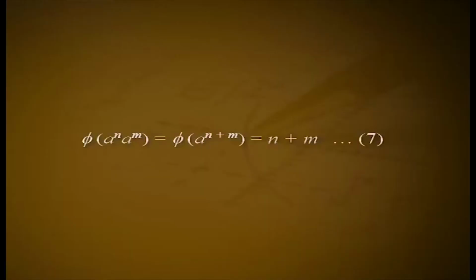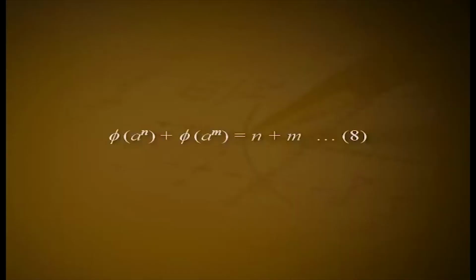Step 4. Now, phi of a raised to n times a raised to m is equal to phi of a raised to n plus m, which is equal to n plus m. Equation number 7. Note that the binary operation in 7 was in the group G. Also, phi of a raised to n plus phi of a raised to m is equal to n plus m. Equation number 8.